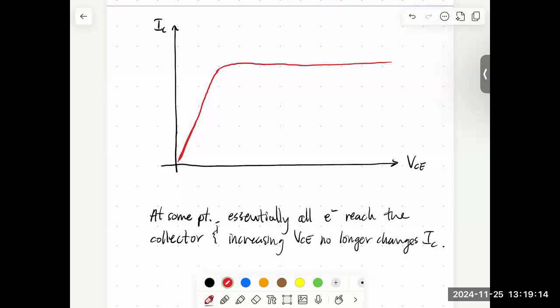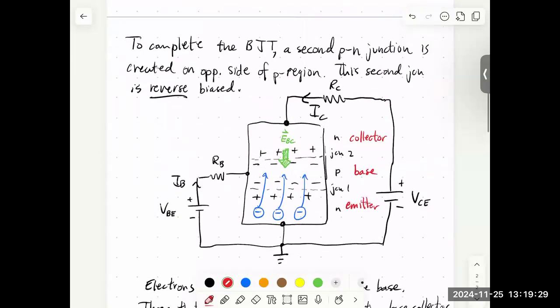All right, there's one more thing we could do. We have two voltages to tune, and this one is the collector emitter voltage. If we go back and look at our diagram, we also have a base emitter voltage. And so let's think about this. Let's imagine that we've turned this collector emitter voltage up so high that we've plateaued our collector current.